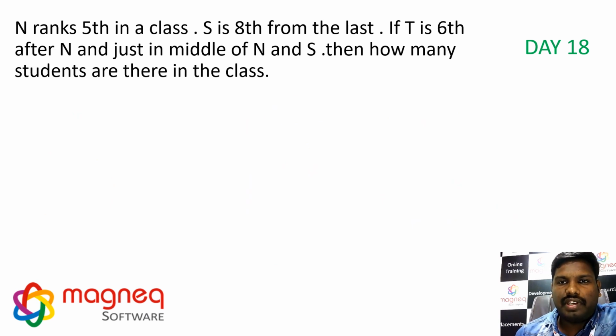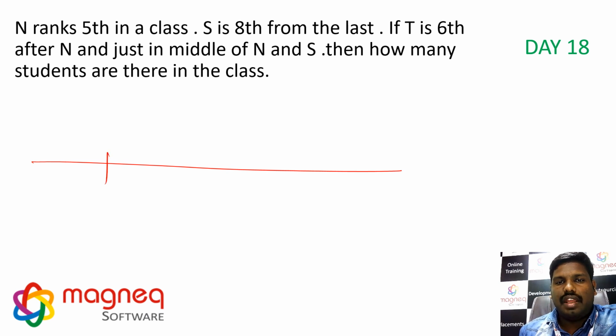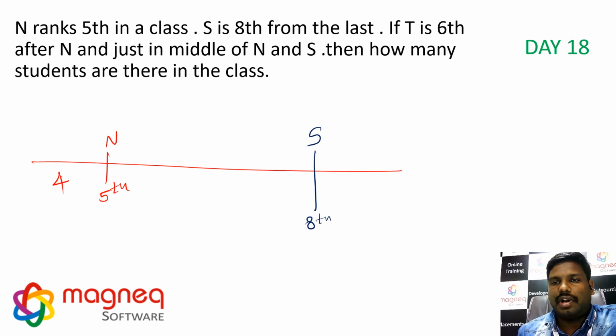N ranks 5th in a class, S is 8th from the last. If T is 6th after N and just in the middle of N and S, then how many students are there in the class? N ranked 5th means before 4 persons, and S is 8th from last means after 7 persons.